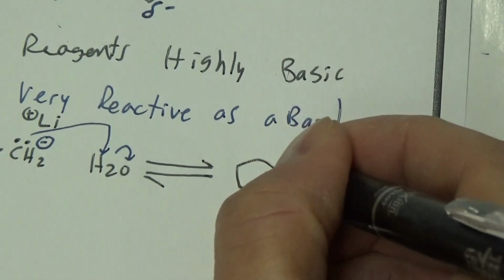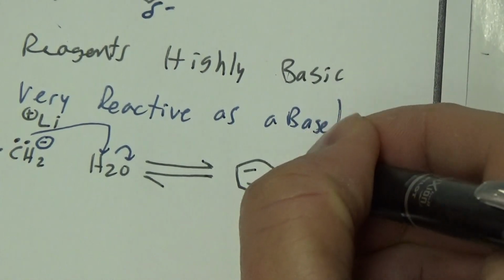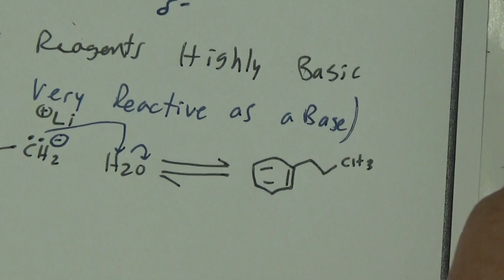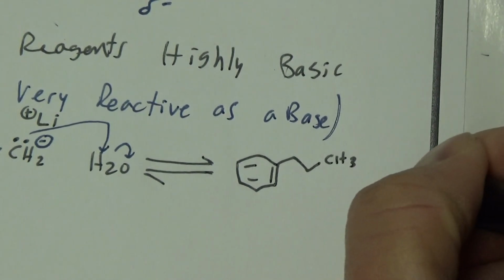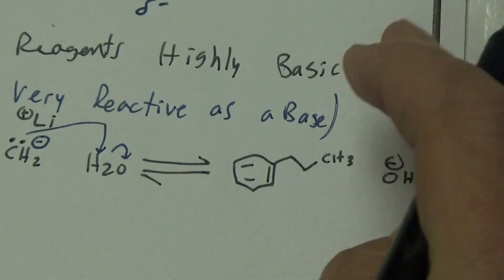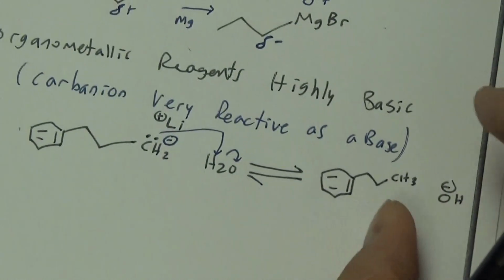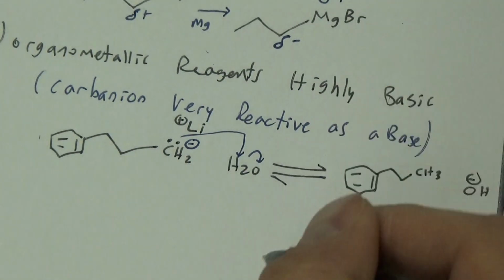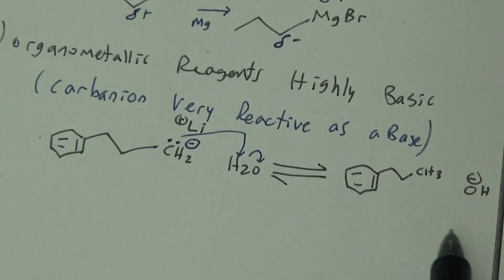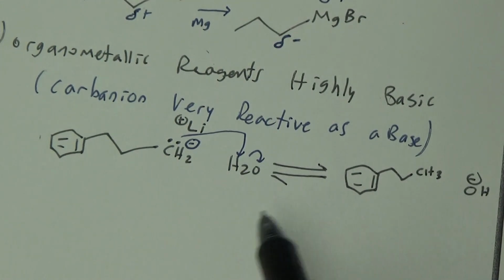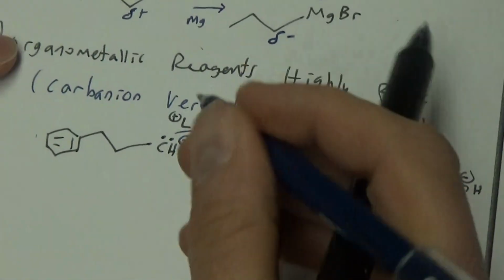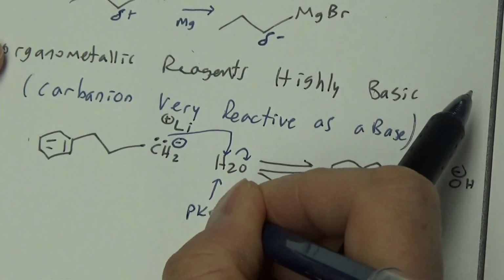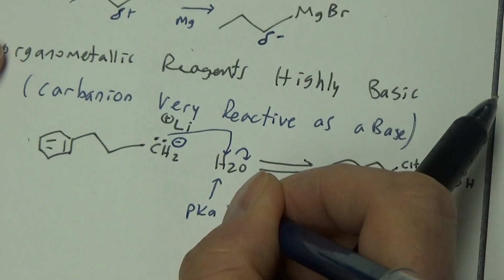Benzene, CH3. And what's the byproduct? OH minus. Now to rate how far this equilibrium lies left to right, we look at the pKa values of these two things. What's the pKa of water? pKa is 15.7.